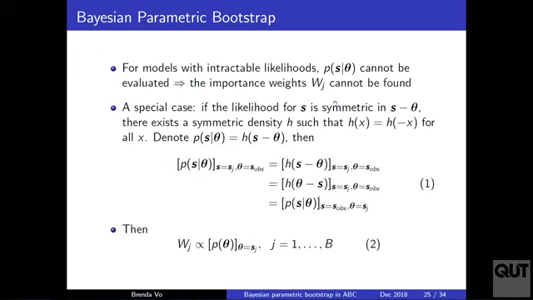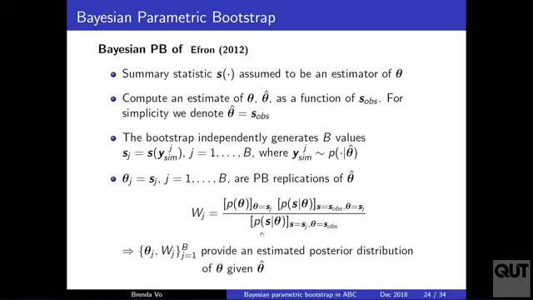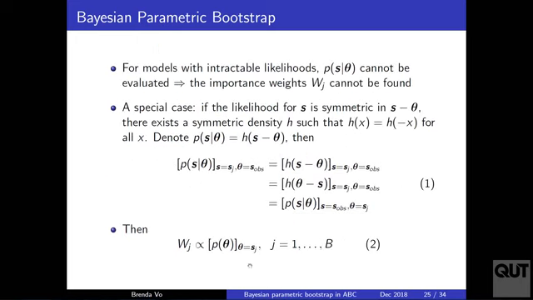And for the problems where you have an intractable likelihood, this part cannot be evaluated, and therefore the weights wj cannot be found. For some special cases, where the likelihood of S is symmetric, the weight wj will cancel out, so it's only equal to the prior at theta equal to Sj.